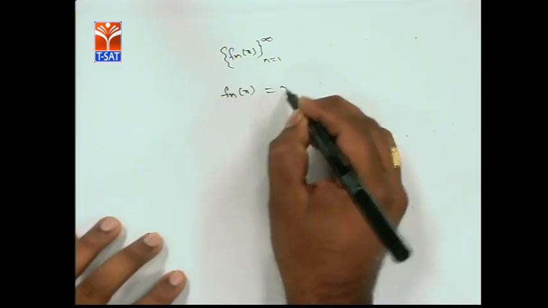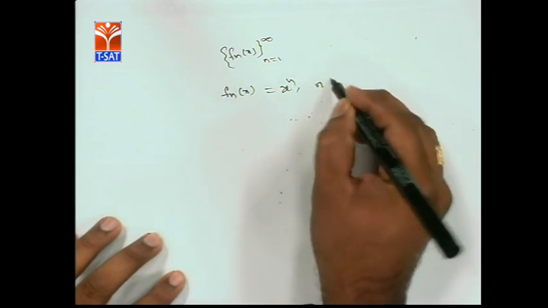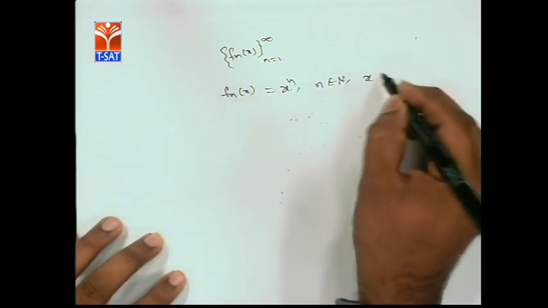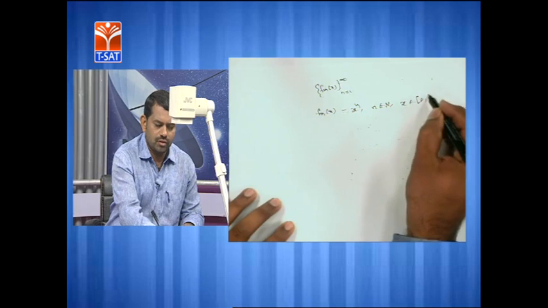Yes sir. Suppose fn of x is a sequence of functions. Suppose we fix x. For example, fn of x is equal to x to the power of n, n belongs to the natural numbers, x belongs to the closed interval 0, 1.